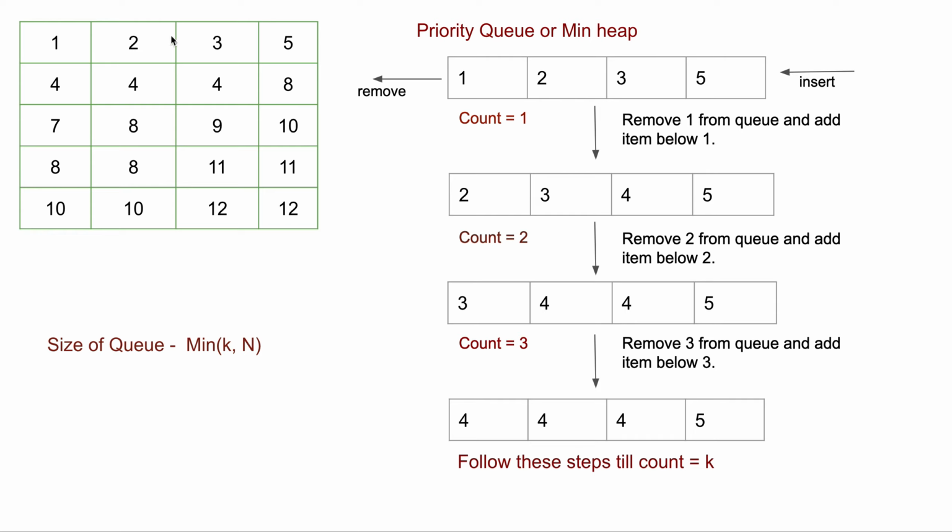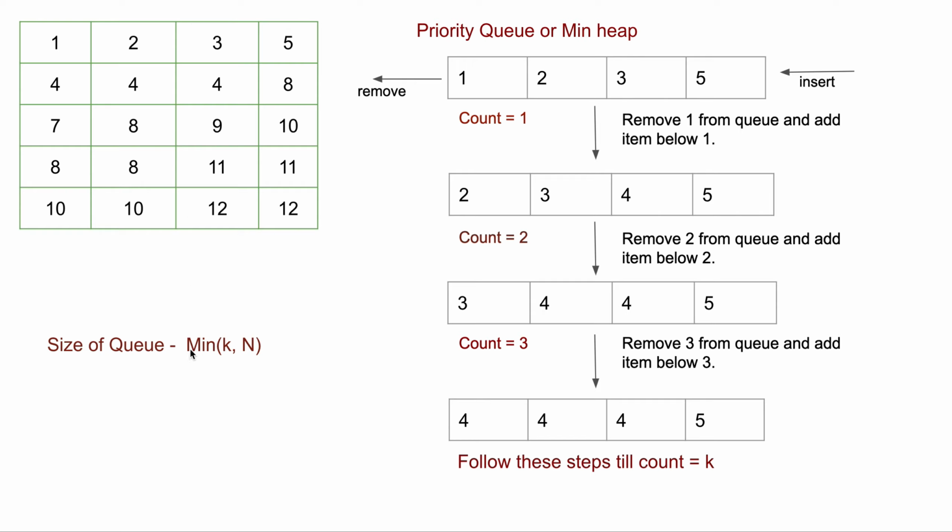So if you have to find the second smallest element, your k is 2 whereas your n is 4. The number of columns is 4. So in that case the size of your queue will be equal to 2. Because you have to find the second smallest, you don't need to store the other elements in the row.